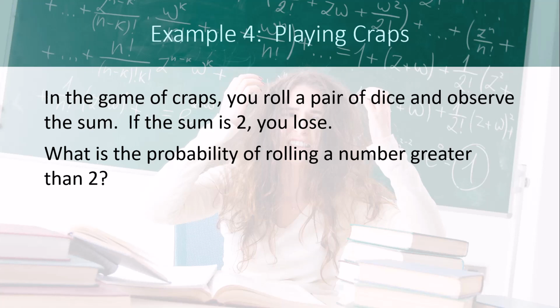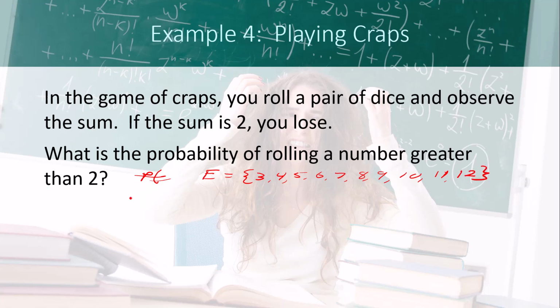Now, it turns out that the event associated with rolling a number greater than 2 is the event of rolling a 3, 4, 5, 6, 7, 8, 9, 10, 11, 12.